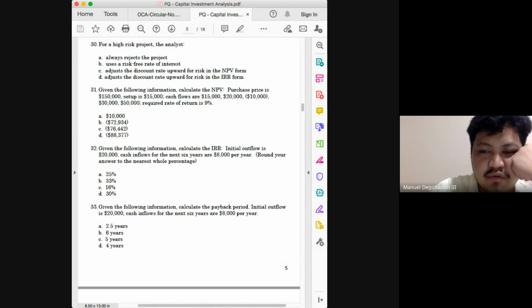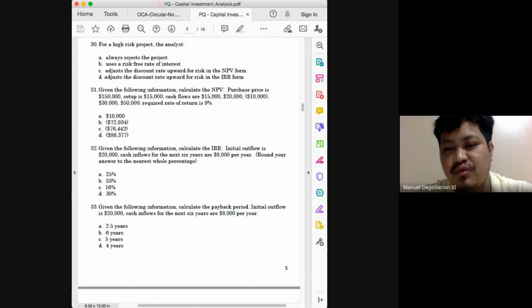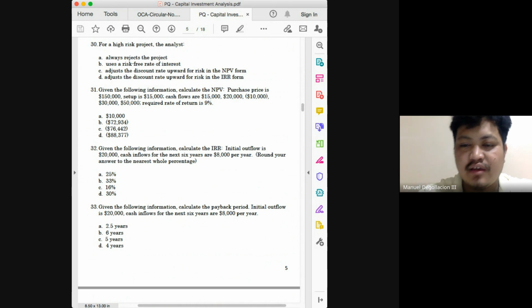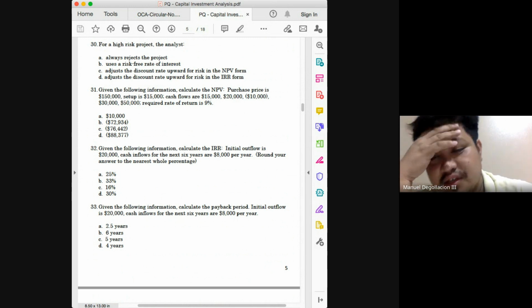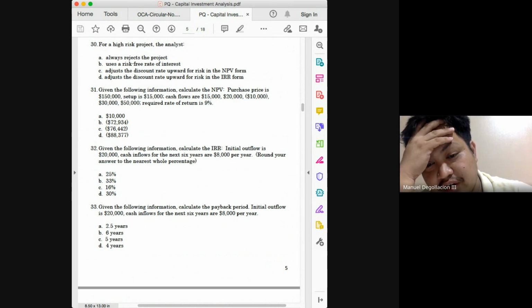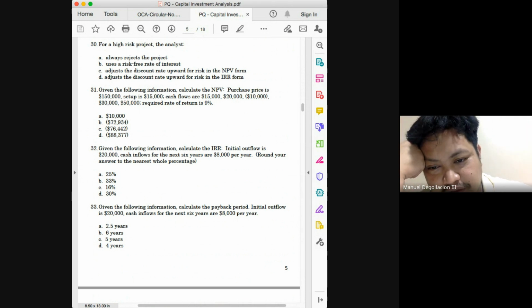31, given the following information, calculate the net present value. So here again, you determine your initial investment, your cash outflow. So your cash outflow here would be 165. Okay. And then you get your net cash flow, 15,000 plus 20,000 minus 10,000 plus 30,000 plus 50.